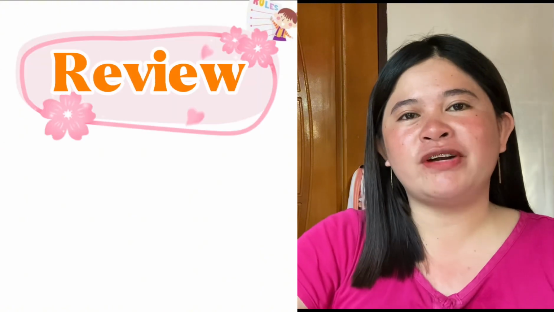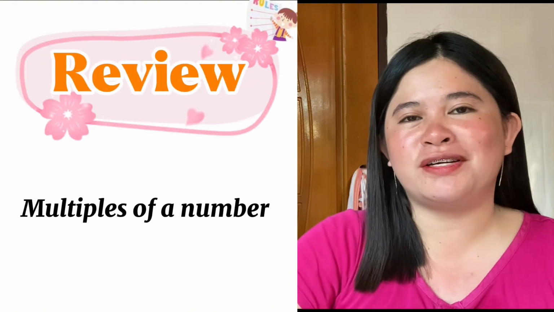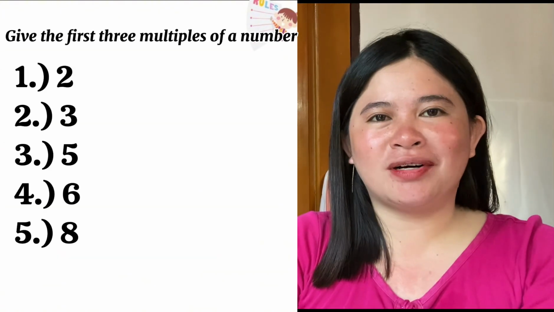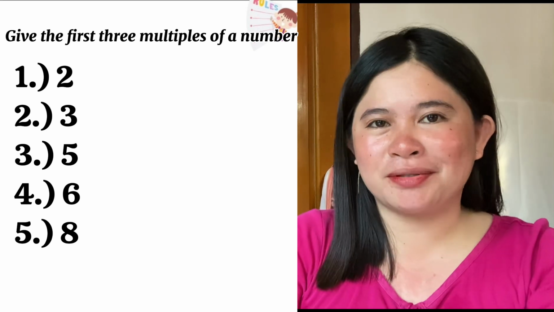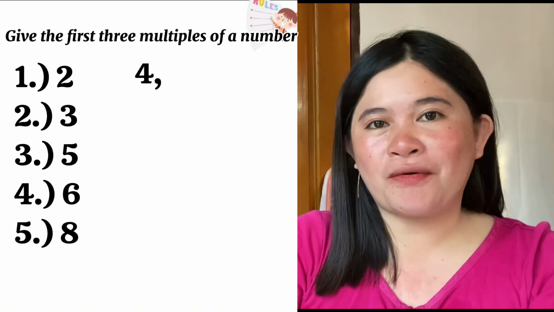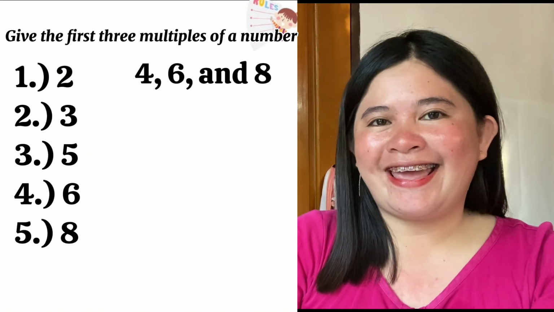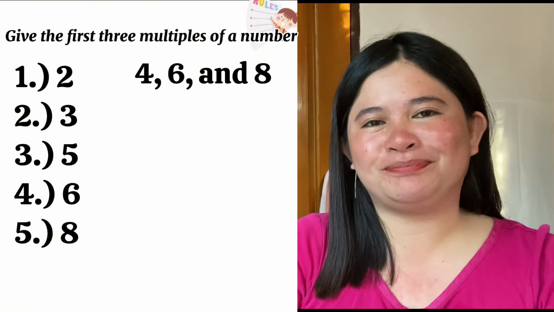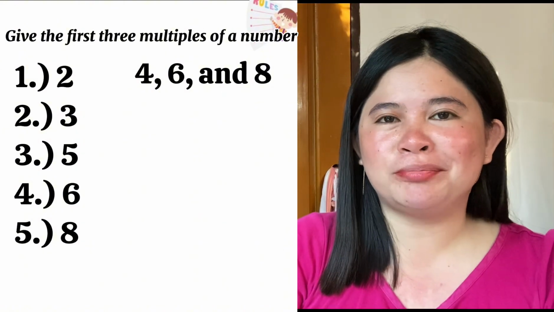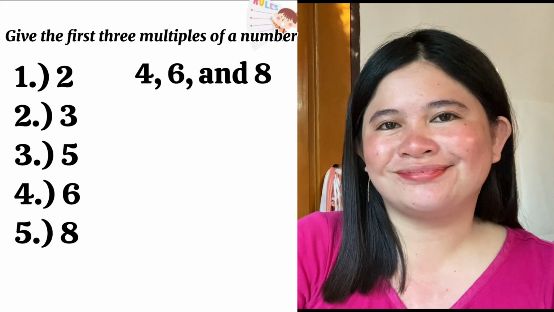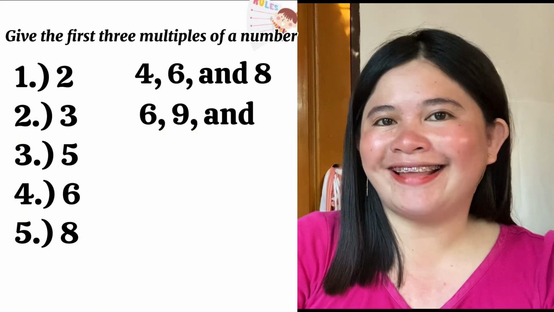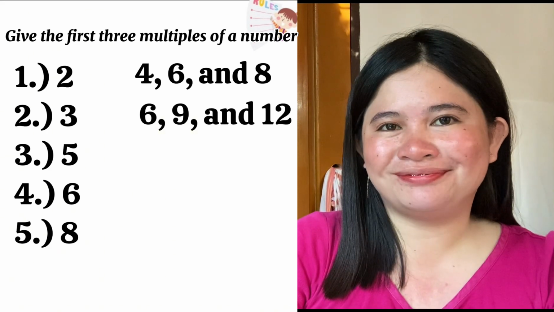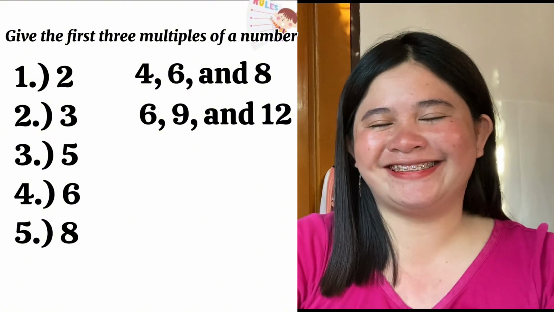Now let's have a review on multiples of a number. For number 1, the first 3 multiples of 2 are 4, 6, 8. Very good. And for number 2, the multiples of 3 are 6, 9, 12. Very good.